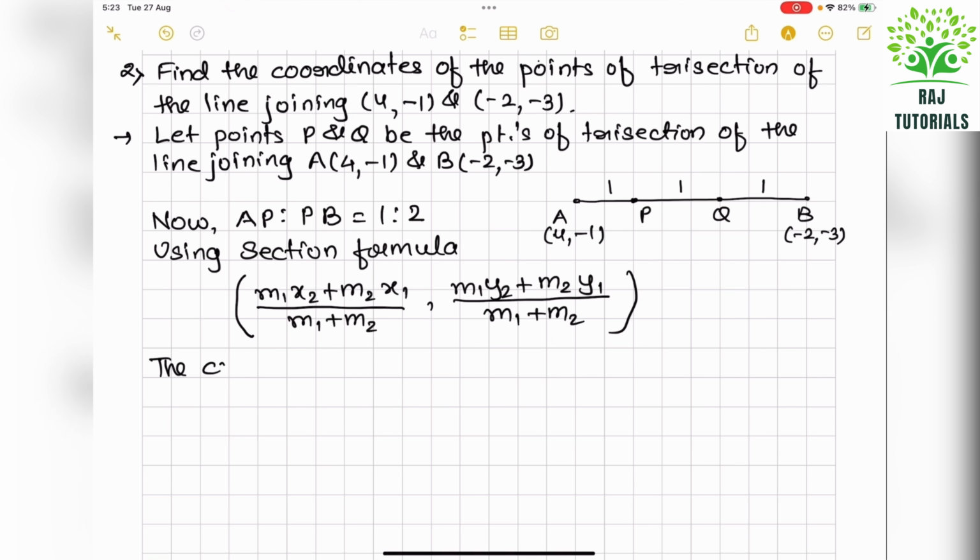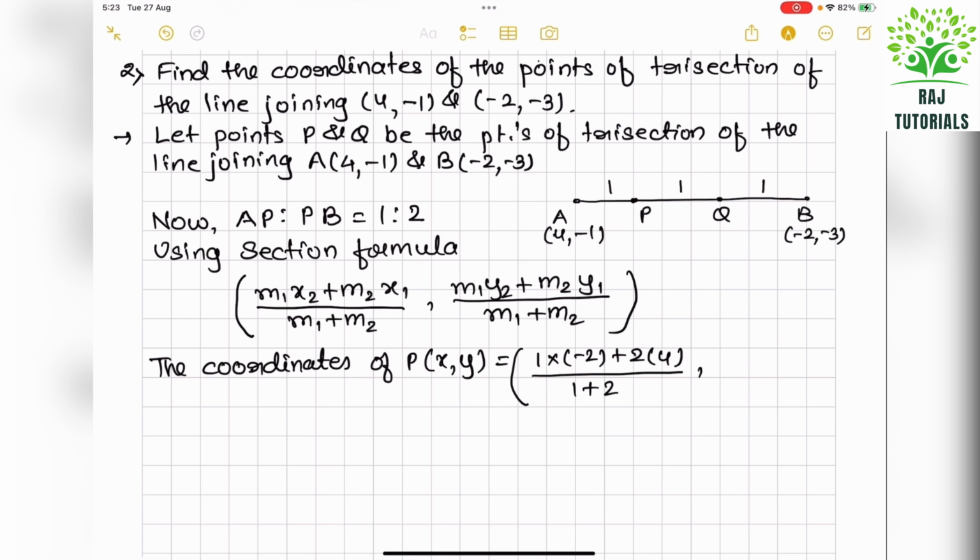The coordinates of P (x, y) will be equal to 1 into minus 2 plus 2 into 4 by 1 plus 2 comma 1 into minus 3 plus 2 into minus 1 upon 1 plus 2.